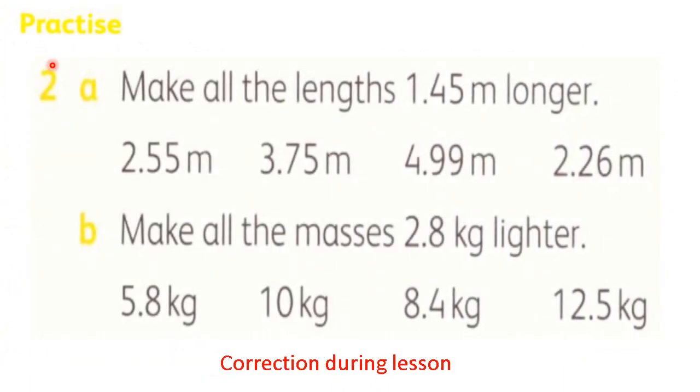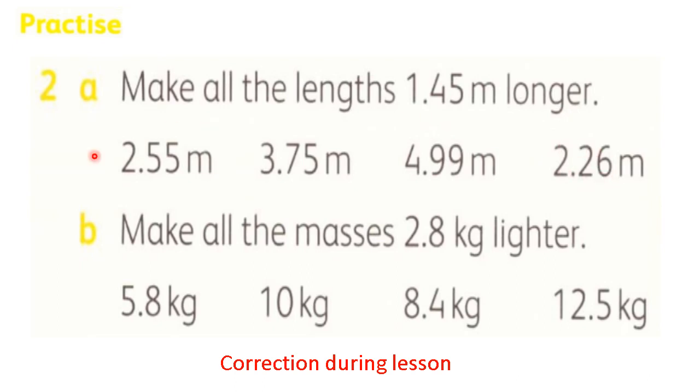Question number 2 of the practice panel. A. Make all the lengths 1.4 meters longer. So we have to add 1.4 meters to 2.55, then add it to 3.75, add this to 4.99, and then add this to 2.26.